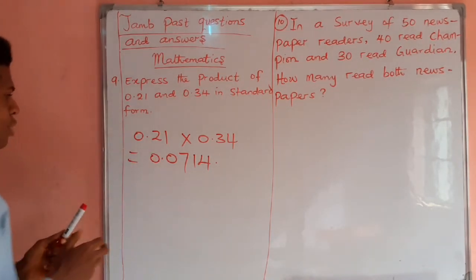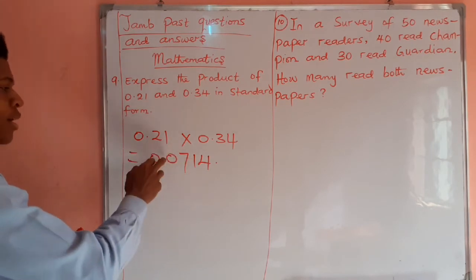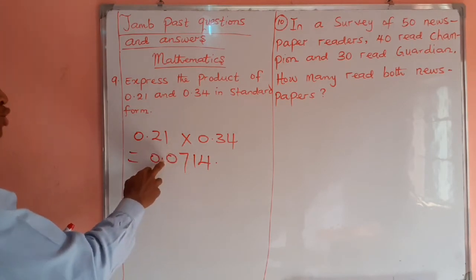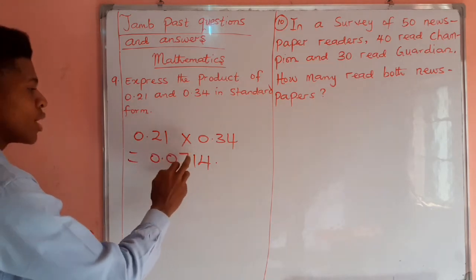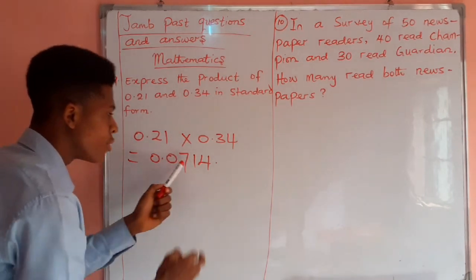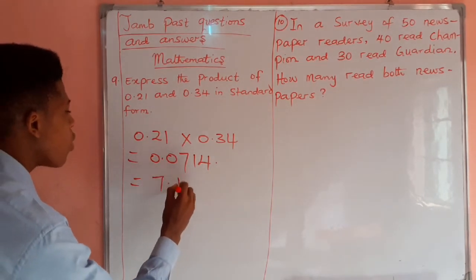Of course, this is a decimal. So you have to count after the point. For you to express this in standard form, let's count after the point. It will be 1, 2. It lands here, right? 7. This will be 7.14.